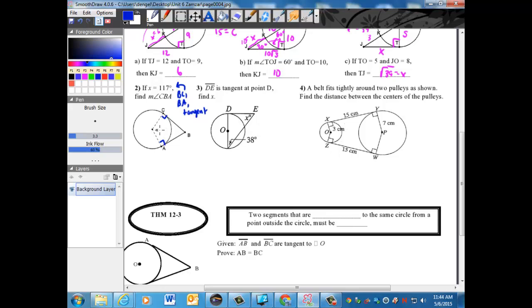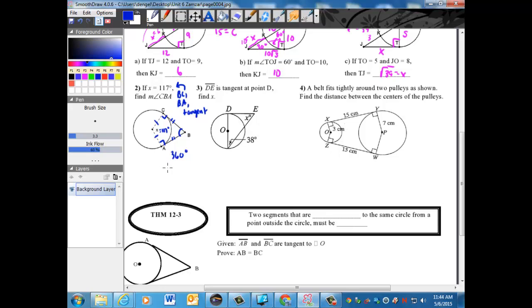Next, x is 117 degrees. And so if we're asked to find measured angle CBA, that's this unknown angle here. Well, we can do that. One other thing to note too is that these two sides are both congruent because they're both radii. And since these two angles are the same, what we have here is a kite. And we know that in a kite, or in any quadrilateral, we have 360 degrees.